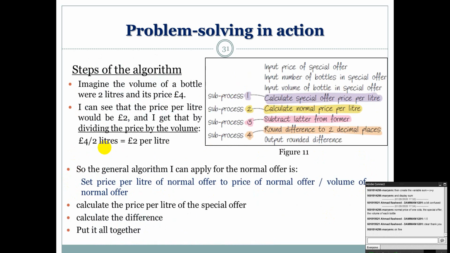So we write the steps here. We make all the calculations and we print the difference. Input the special offer price, input the number of bottles, the volume of the bottles, calculate the special offer per liter and the normal offer per liter, subtract the special minus the normal, and display the difference between the normal and the special offer.